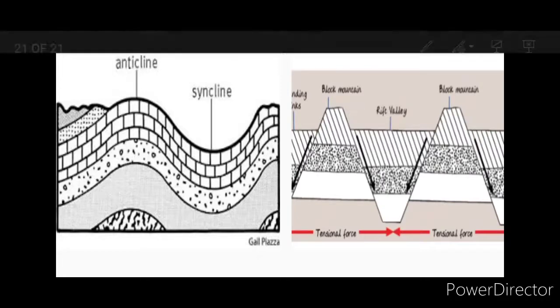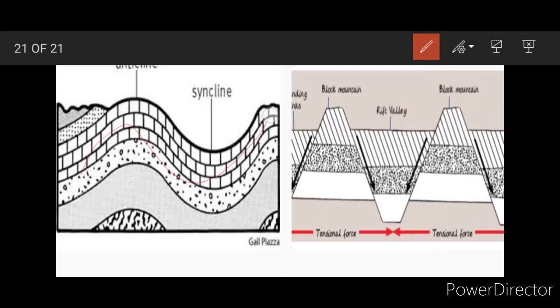So these waves that you can see are the folds. Okay, now in these bends, the upper part, the hill shaped part is an anticline, and when it is below, this is called a trough. Now this part is called a syncline.